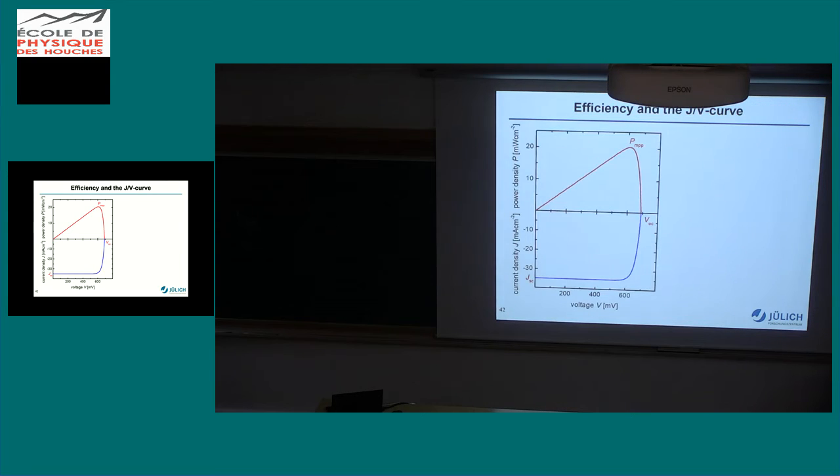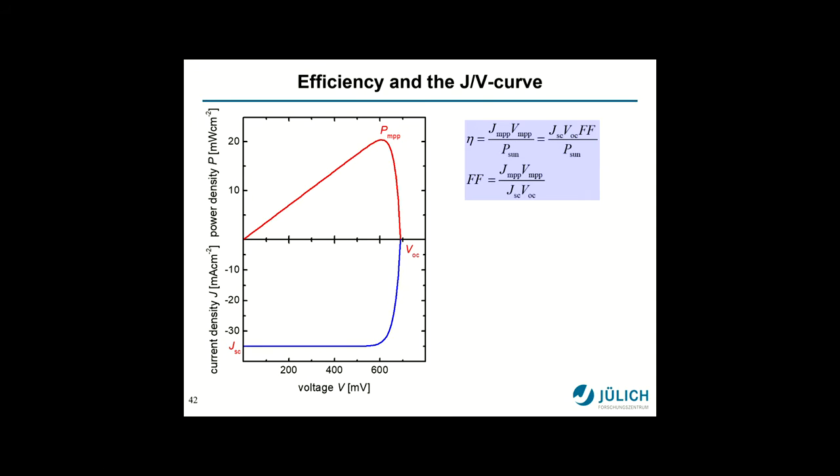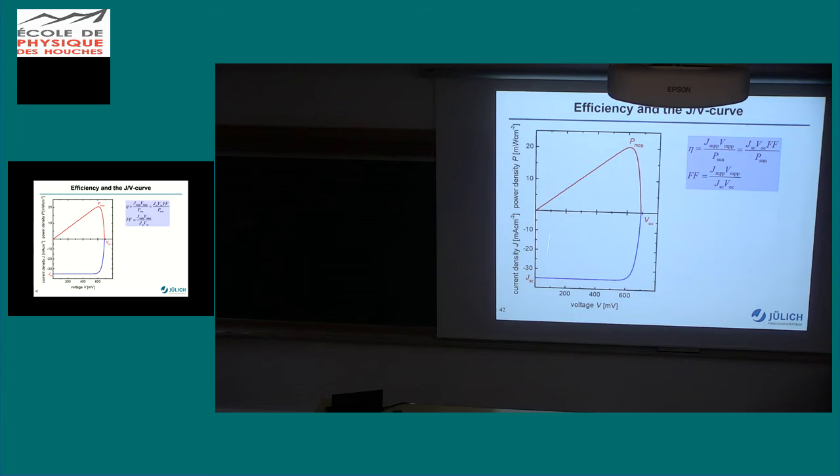Anyway, so that's the basic thing about the JV curve. Again, the current density axis is negative. You have the JSC, VOC, and what you also have is just the product of J and V over the voltage, so that's the output power, and that's the maximum power point where you get the maximum power out.